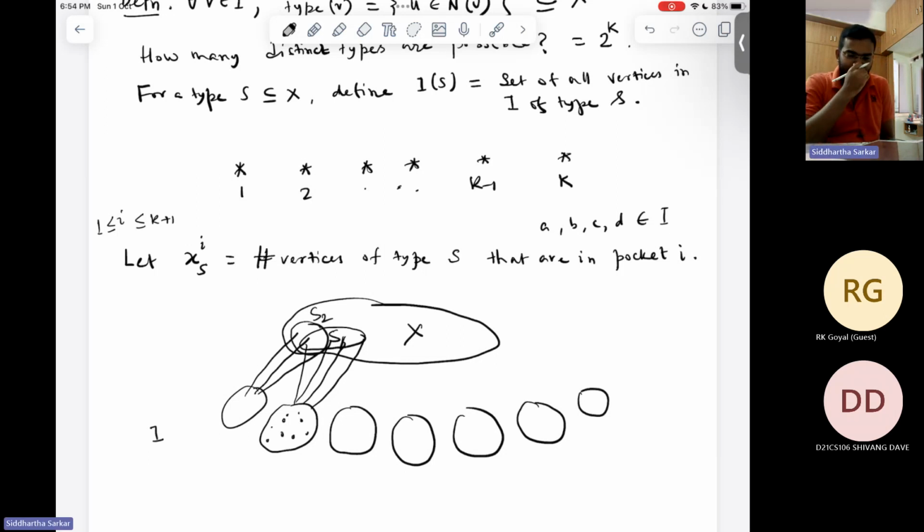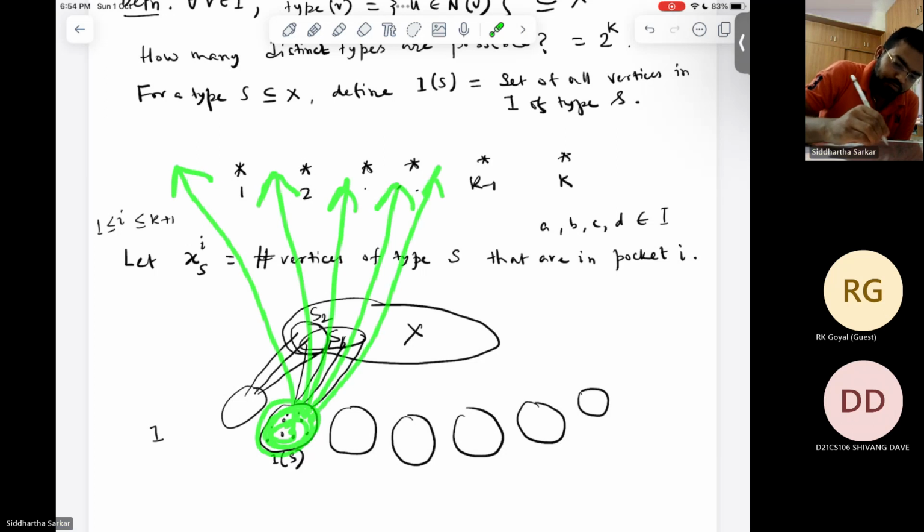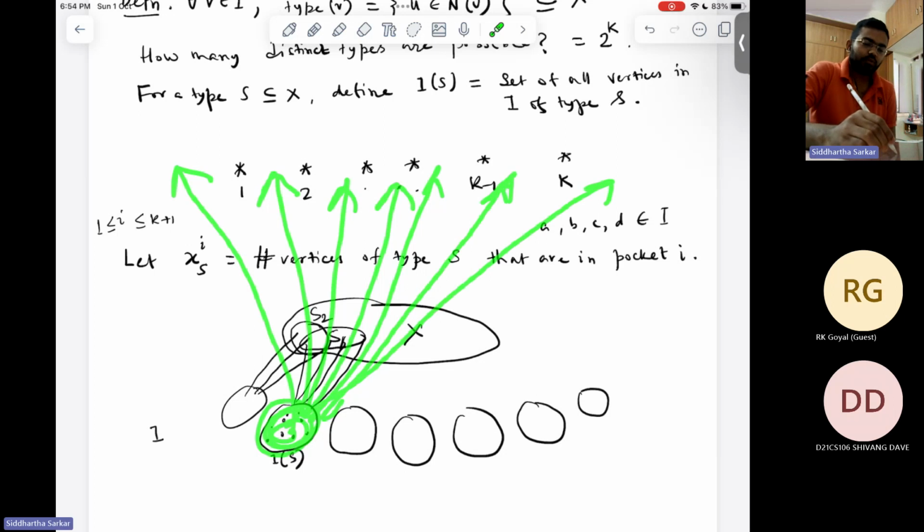Now I of S is a set of vertices that have the same signature S, the same set of neighbors S. How many of these vertices have you put in this pocket? To answer that question, how many vertices of type s are in this pocket, we have a variable x sub s i.